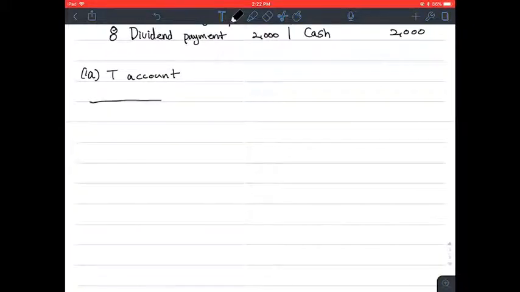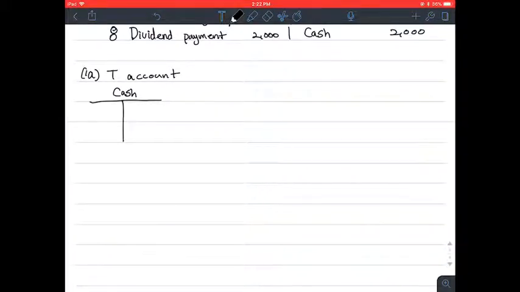I already have spoken about T accounts. So for each item, for example, cash, accounts receivable, and all the other items in your journal entry, you have to write it down first, but you have to write the balance from the previous balance.